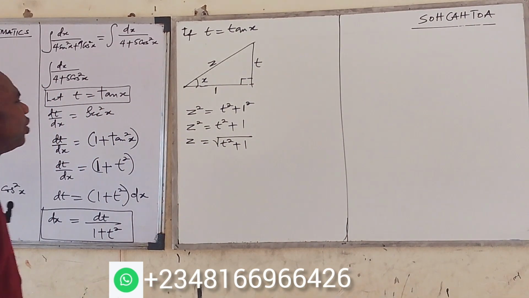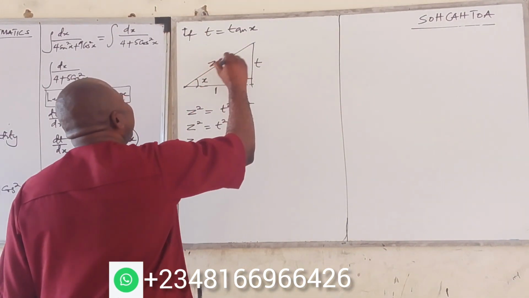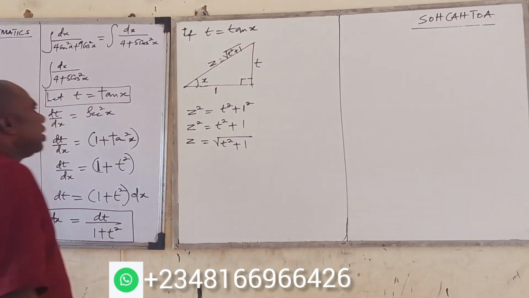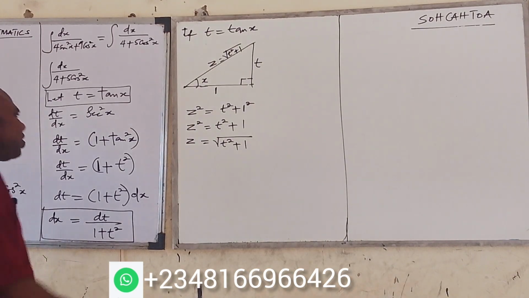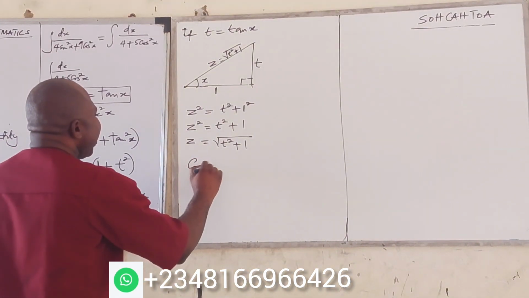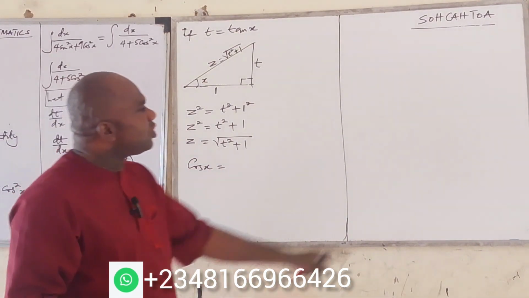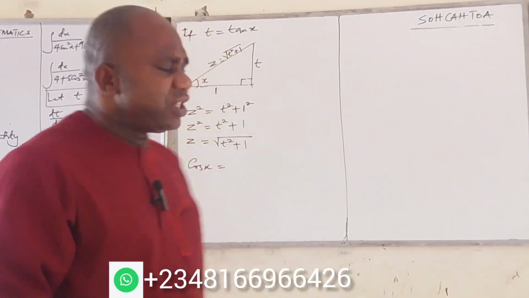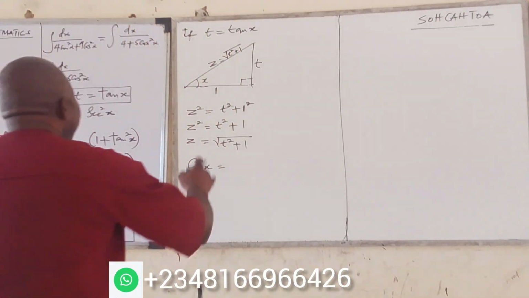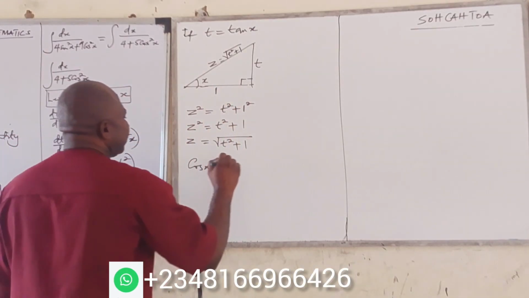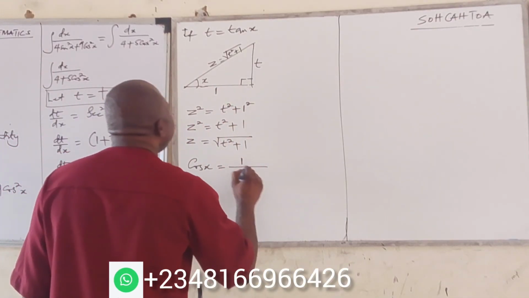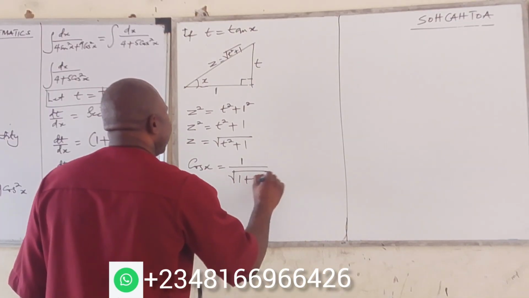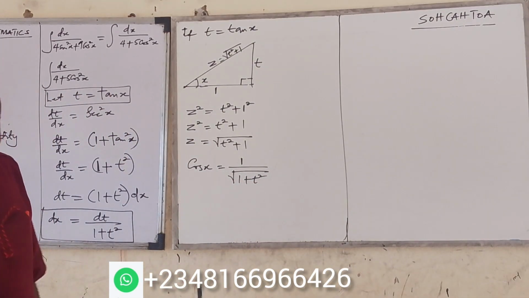So now going back to cos x, cos is adjacent over hypotenuse. So here, the adjacent side is 1, and the hypotenuse is the square root of 1 plus t square, or t square plus 1.